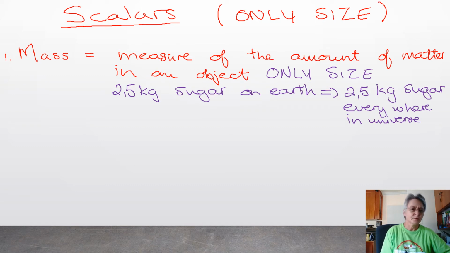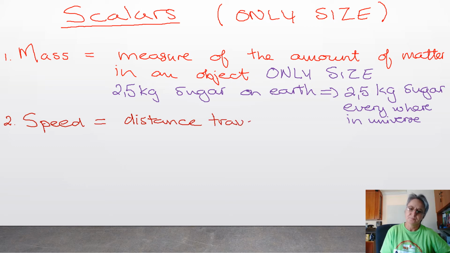Next, they say an example is speed. Now, speed is by definition the distance traveled per unit time.